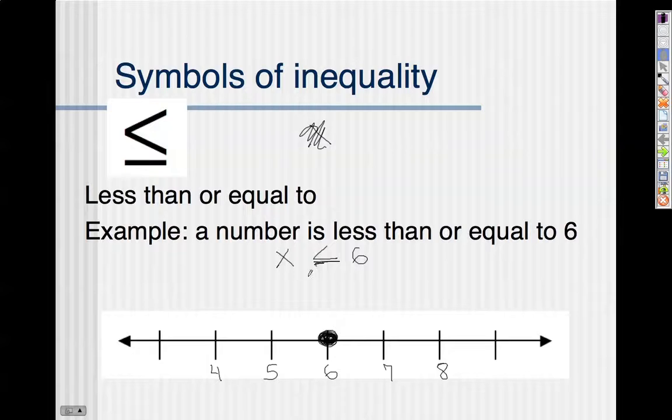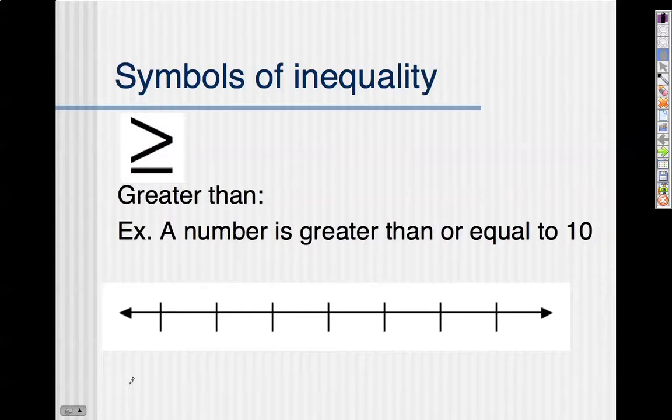And a little trick to help you remember is that if there's extra ink down here underneath the symbol of inequality, then you need to have extra ink in here. Everything still works the same way. Our arrow is going to cover the values less than 6 and point in the same direction as our symbol of inequality, and that's it.